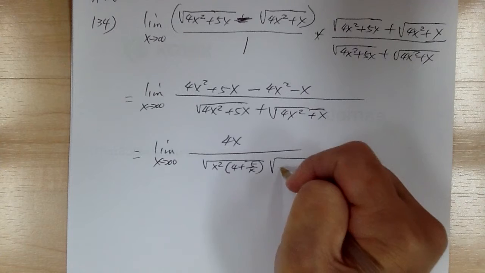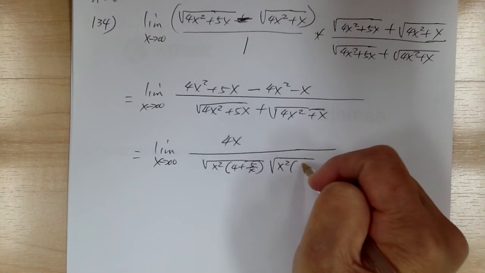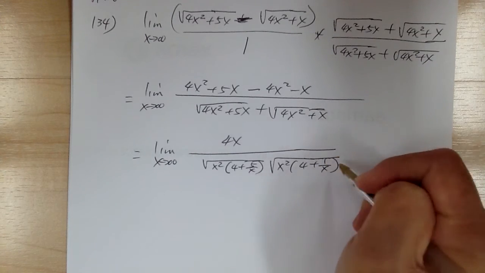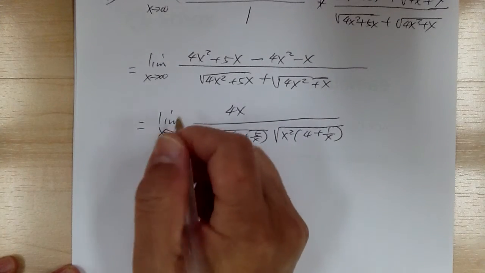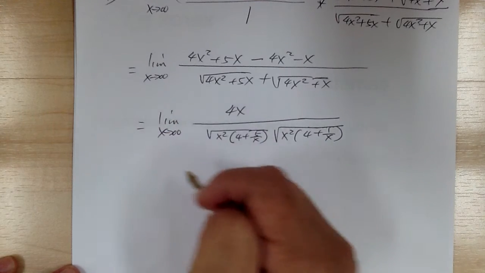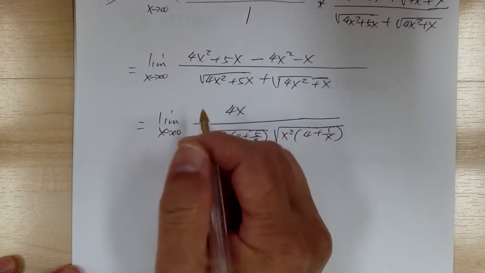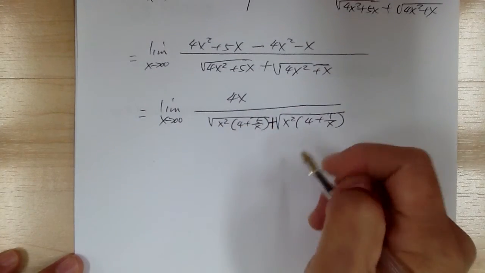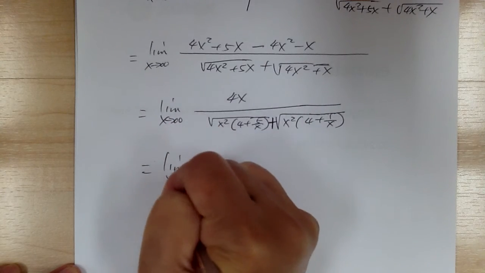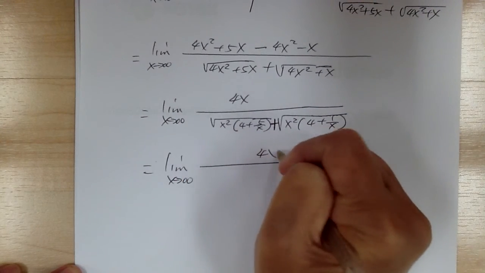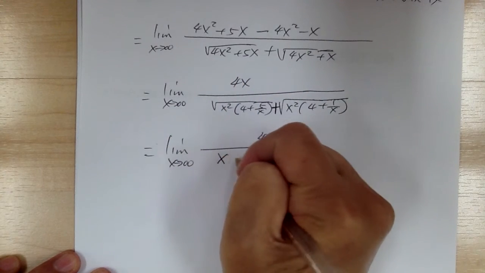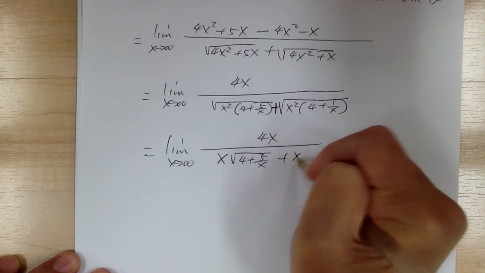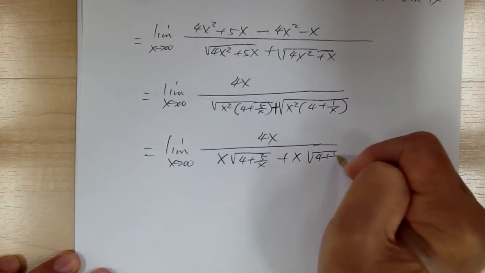Again, I'm going to factor out the x squared, so you're going to get 4 plus 1 over x. And then this will come out. Oh, this is the plus. So you're going to get 4x over x times the square root of 4 plus 5 over x plus x times the square root of 4 plus 1 over x.